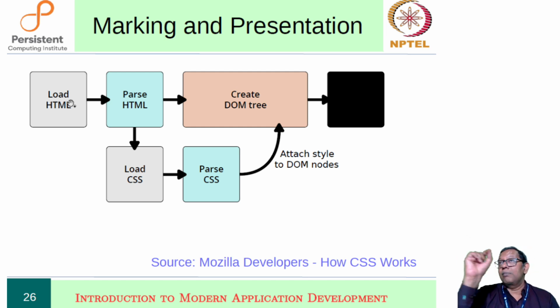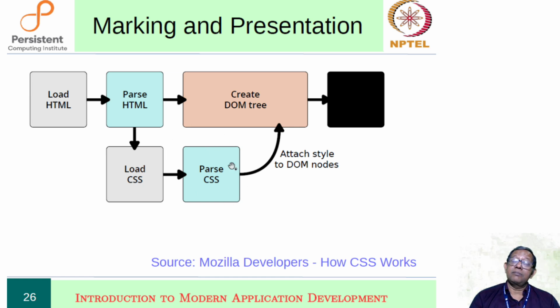to mark that layout. In order to perform presentation, to actually present that marked information, we can additionally take the support of the CSS, cascading style sheets. Just like the HTML is loaded, our browsers will also load the CSS and parse it.